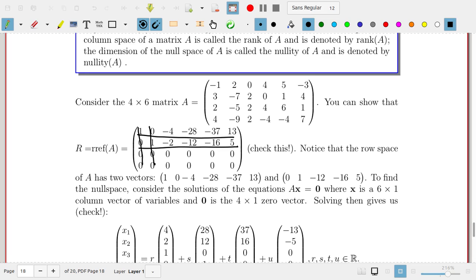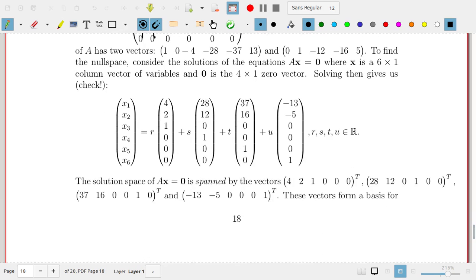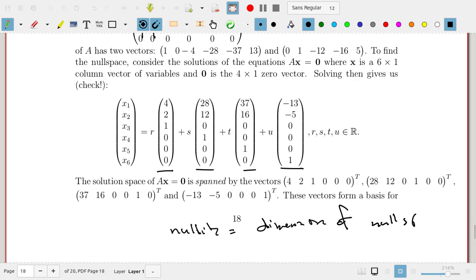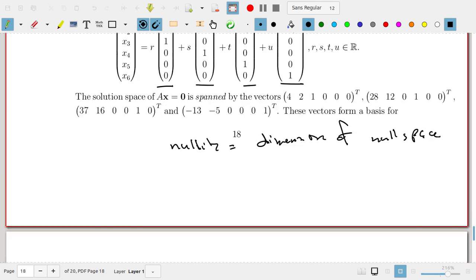And if you solve AX equals 0, you get the dimension of the null space of A, right? So the nullity equals the dimension of the null space, and rank is the dimension of the row space and column space.